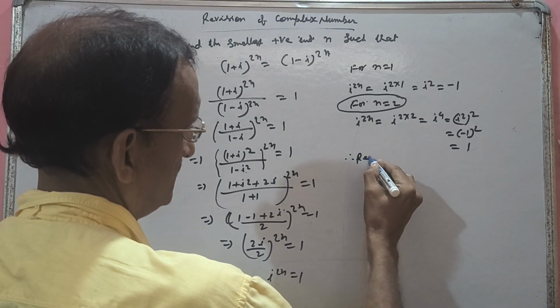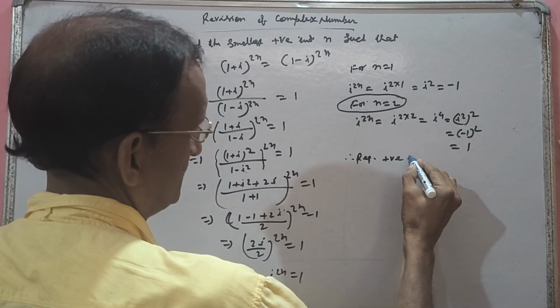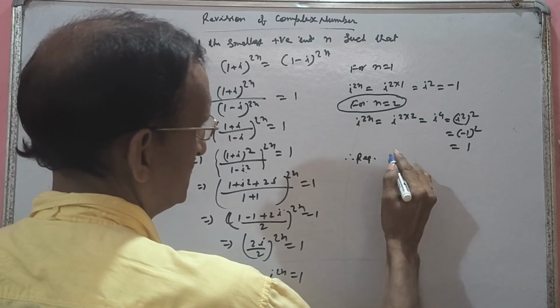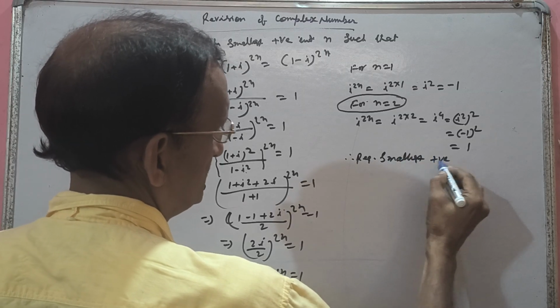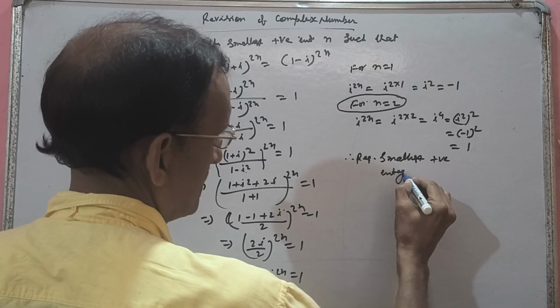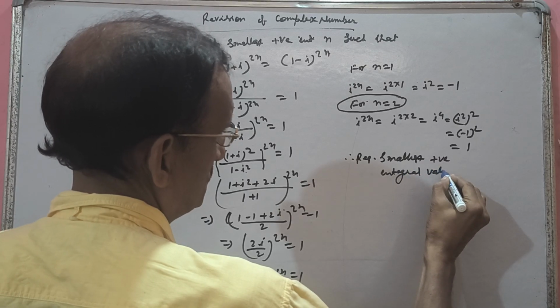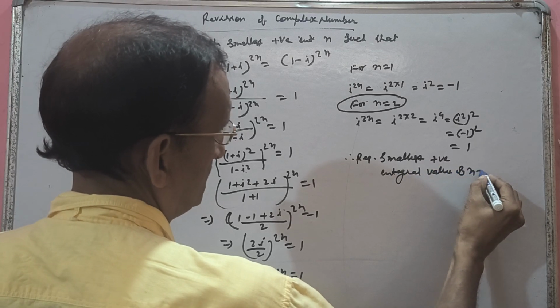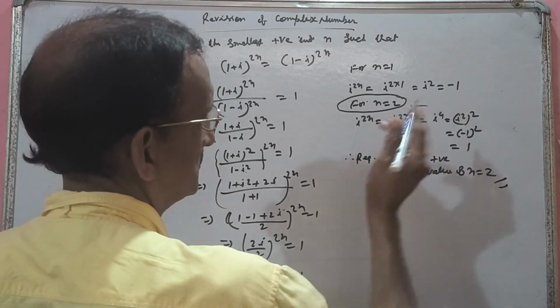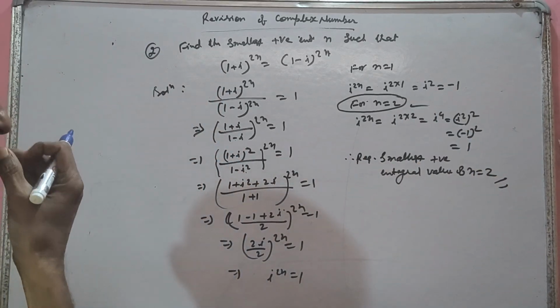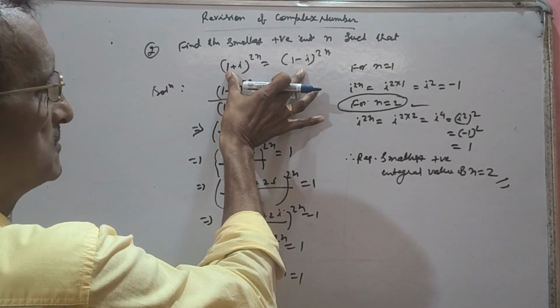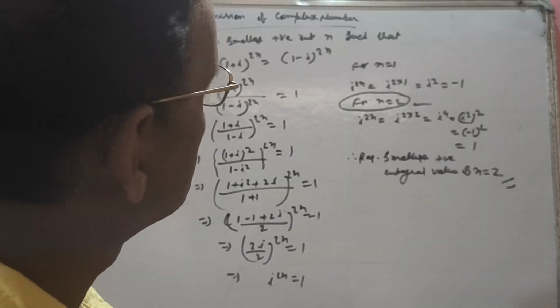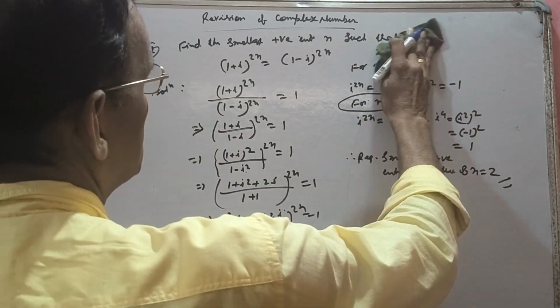Therefore the required smallest positive integral value of n is equal to 2. Okay, for n equal to 2, this equality will hold true. I think you understood. Next number now.